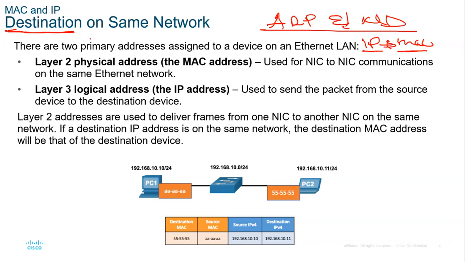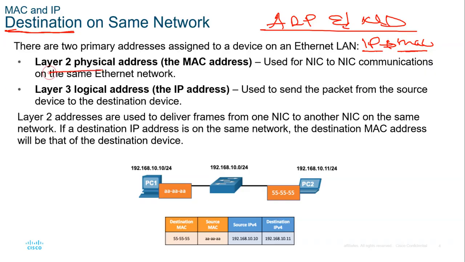Ideally, when the source is trying to send a frame or communication, its IP address and MAC address are known. But where the frame is being sent, the IP address is known, but the MAC address, in most cases, is not known in the first place.